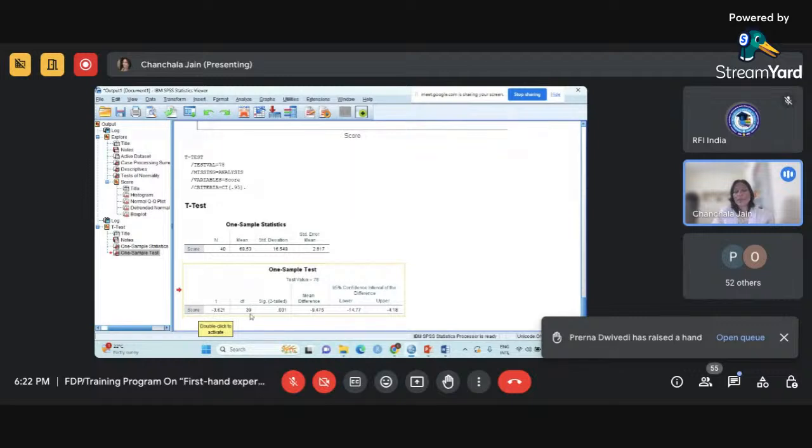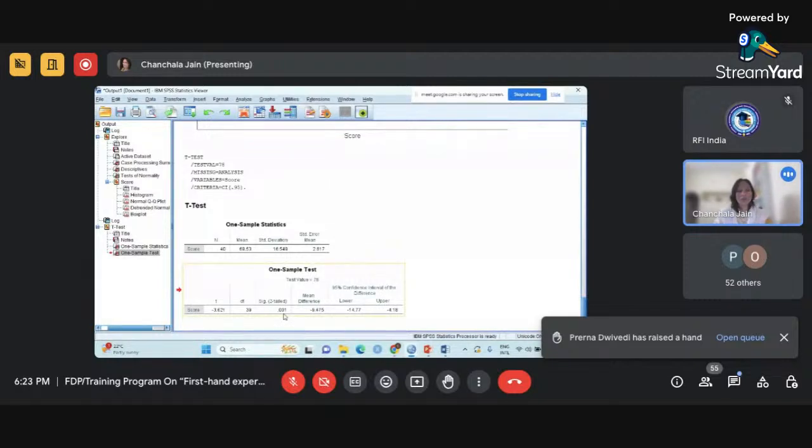Degrees of freedom is 39, as we have 40 observations. In a one sample t-test, the degrees of freedom formula is n minus 1, so it is 40 minus 1, that is 39. The significance value for the two-tailed test is 0.001. Significance value means the p value. This p value is less than 0.05, right?